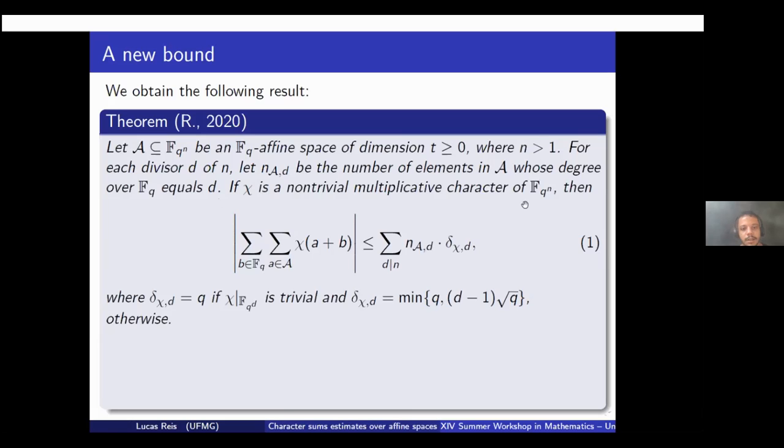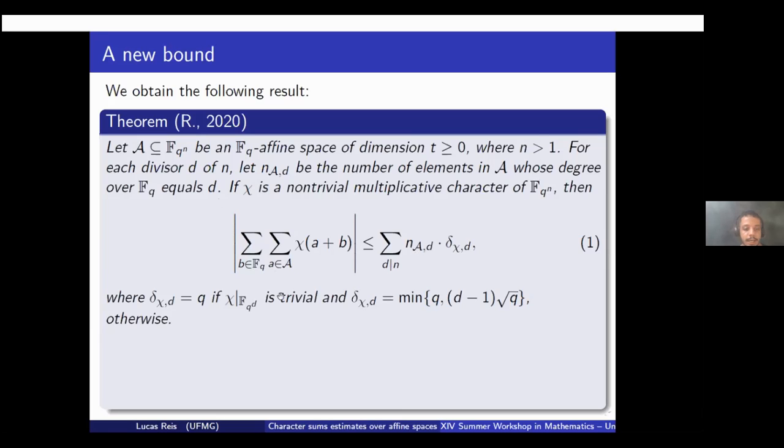And so if chi is a non-trivial multiplicative character of F_q^n, I have this bound here, right? So this is a double sum. I'm just considering all the F_q translates of the elements of A, so I sum over b in F_q. And so I have this bound here, where appears the number n_A(d) times delta_chi(d).